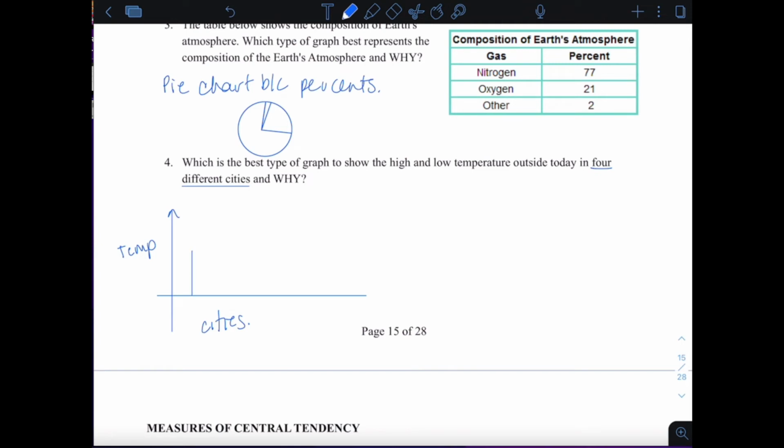Okay, and then we can do their high temperature and a low temperature. So we'd have our city names, city 1, city 2, city 3, city 4, and we'd have our high and low temperature for the day.